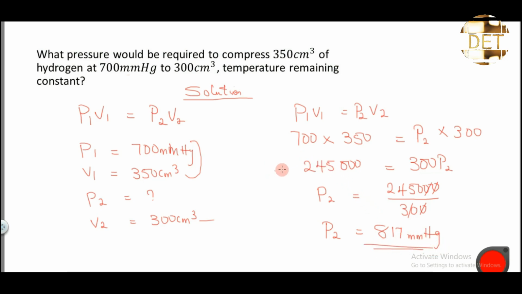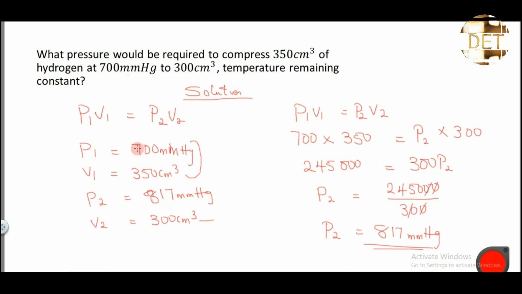So if we look at this equation very well, this is an application of Boyle's law. As the pressure increases, the volume will decrease. So for the first one, our P2 now is 817 millimeters of mercury.